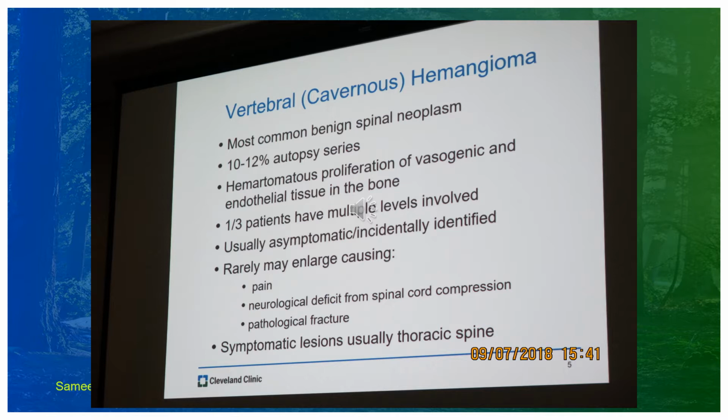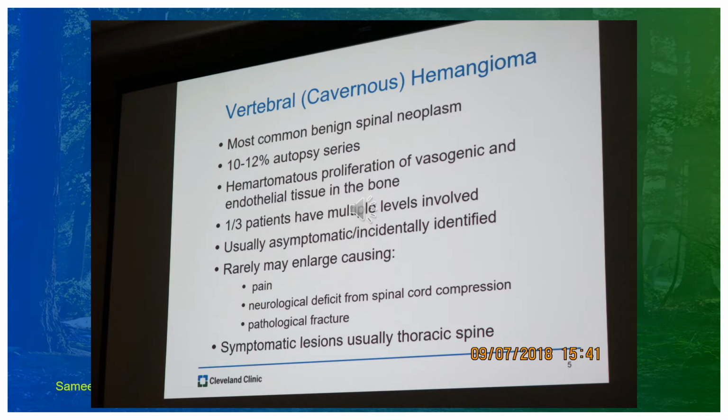They are common. They are hamartomatous proliferation of vascular and endothelial tissue in the bone. They are not true tumors. One third of patients have multiple levels of involvement, and they are asymptomatic, incidentally identified with MRI.